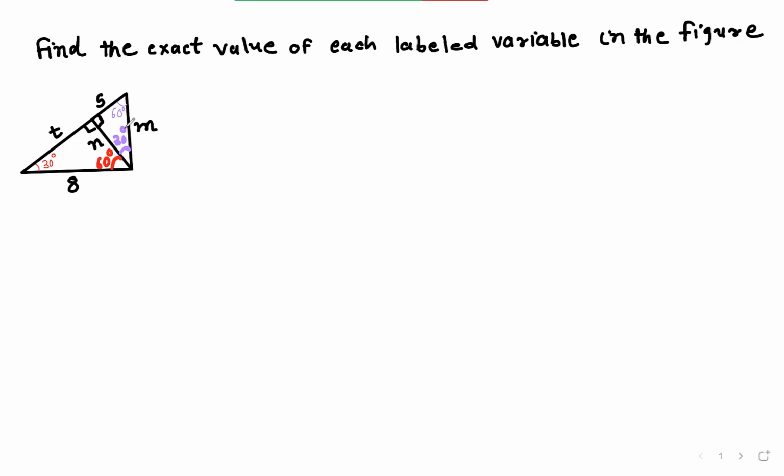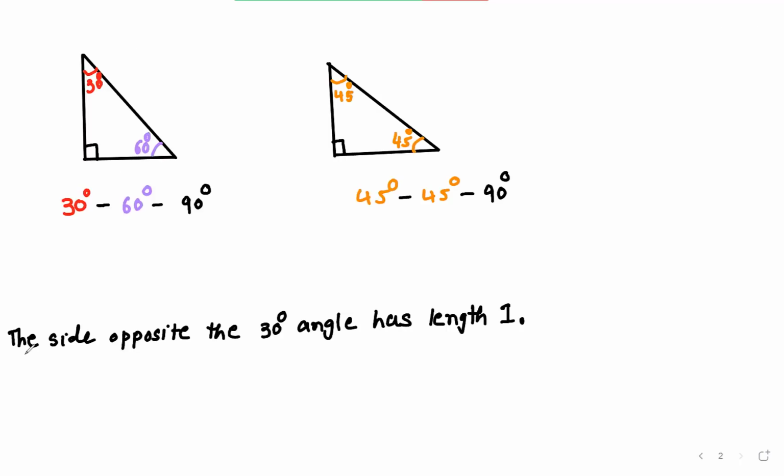Now we have talked about 30-60-90 triangles and 45-45-90 triangles in our previous lecture. The side opposite the 30-degree angle has length 1. Length of the side opposite to 60 degrees is radical 3. And the side opposite the 90-degree angle has length 2.